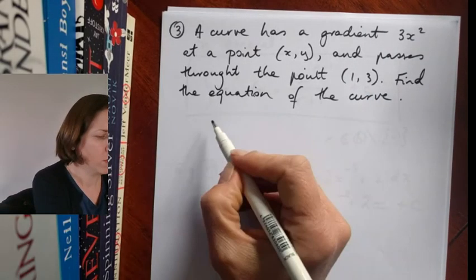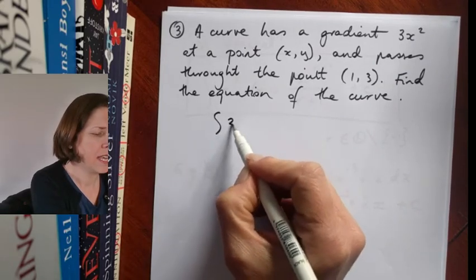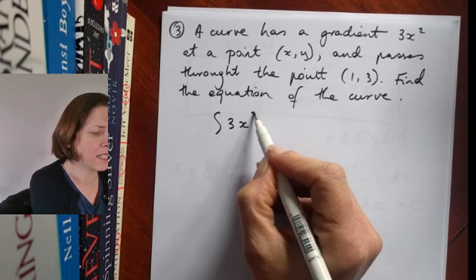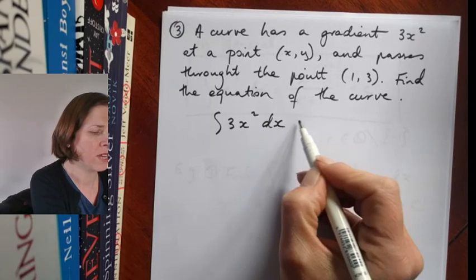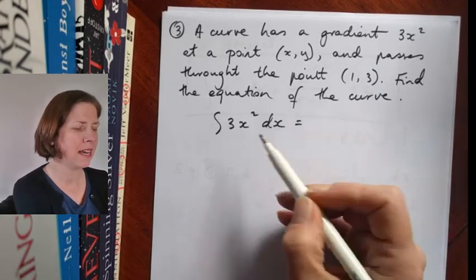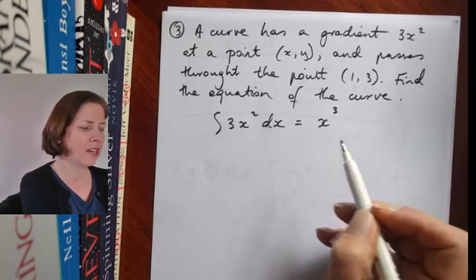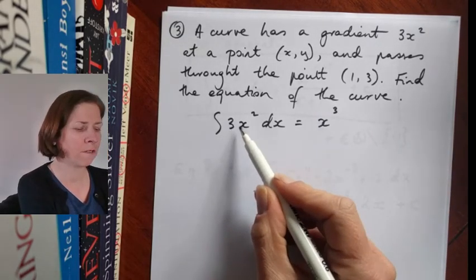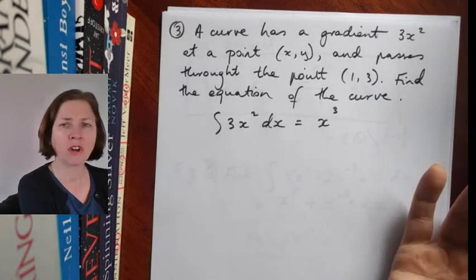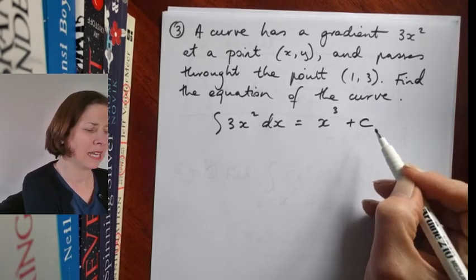So what I'm looking for is the antiderivative of 3x squared with respect to x. Well, that part's easy. I add 1 to my power, it's going to give me x cubed, and I divide by 3, but I've got a factor of 3 here, so it's just going to be x cubed plus c.